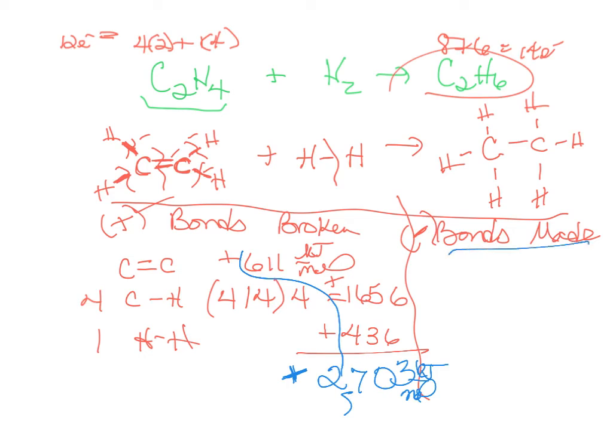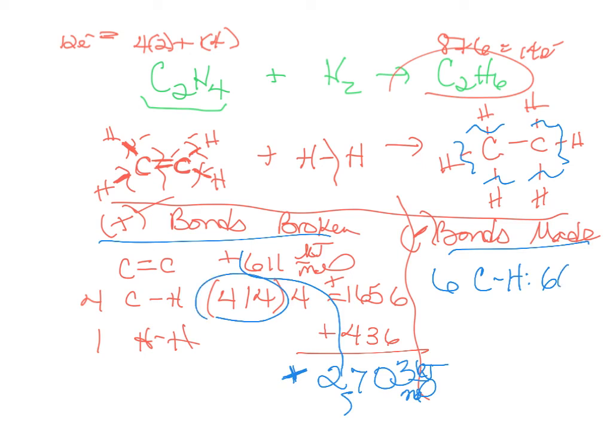Let's go ahead now and look at the bonds made. I am making 1, 2, 3, 4, 5, 6 carbon-hydrogen bonds. So that's 6 times 414, which equals, it's a lot of energy released.